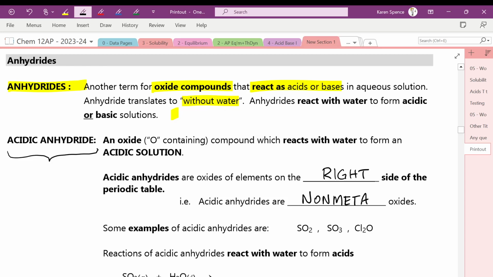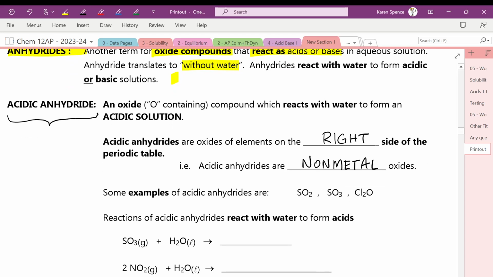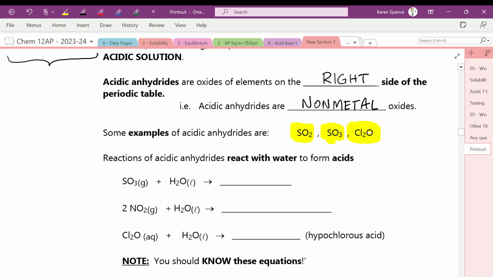And really the only reason we're filling this in is so you can hear the word anhydride numerous times so it becomes more of a word and less of just a weird thing, okay? Some examples of acidic anhydrides are SO2, SO3, Cl2O. I'm sure you could name a few more at this point. The reactions, please write the results of those reactions.